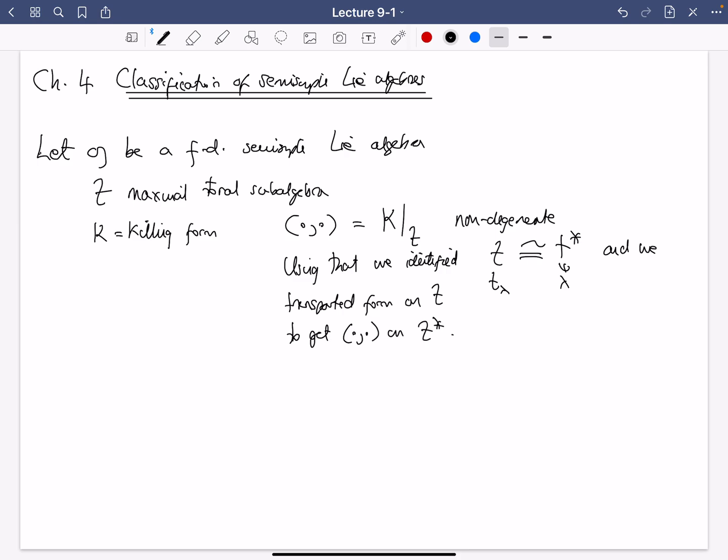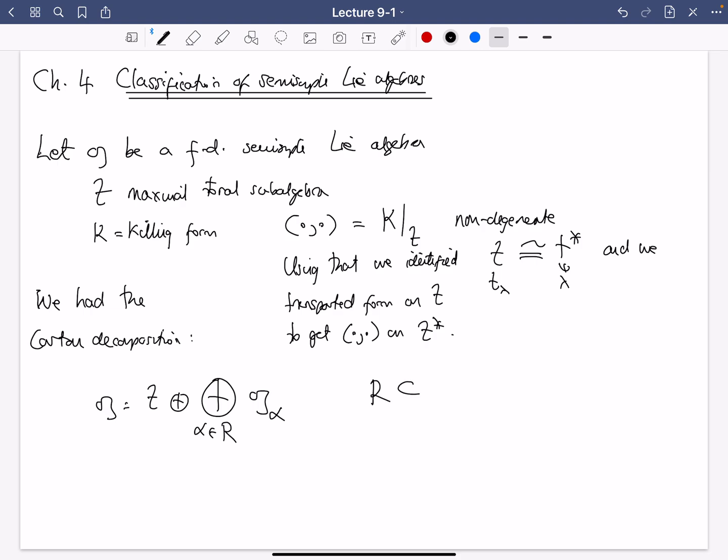Okay, so that was the initial setup, and then we had the Cartan decomposition. So G was T together with the direct sum of a whole load of other root spaces G alpha, alpha ranging over the set of roots. That was the set of non-zero weights for the adjoint action of this T on G. So R here was sitting inside T star.